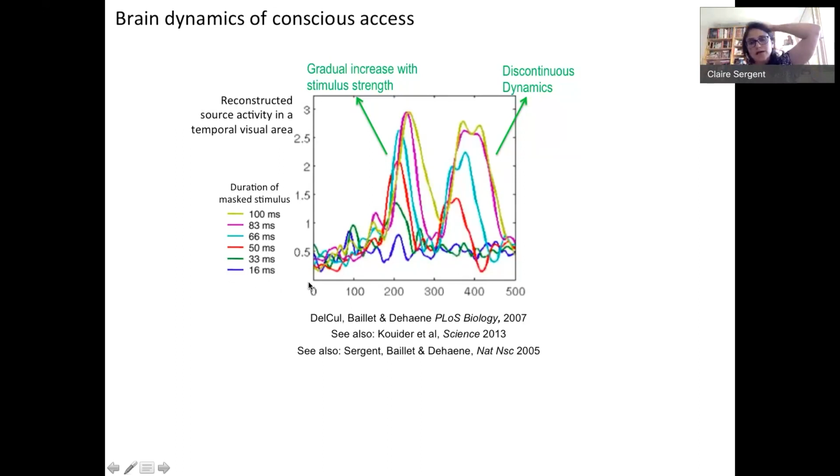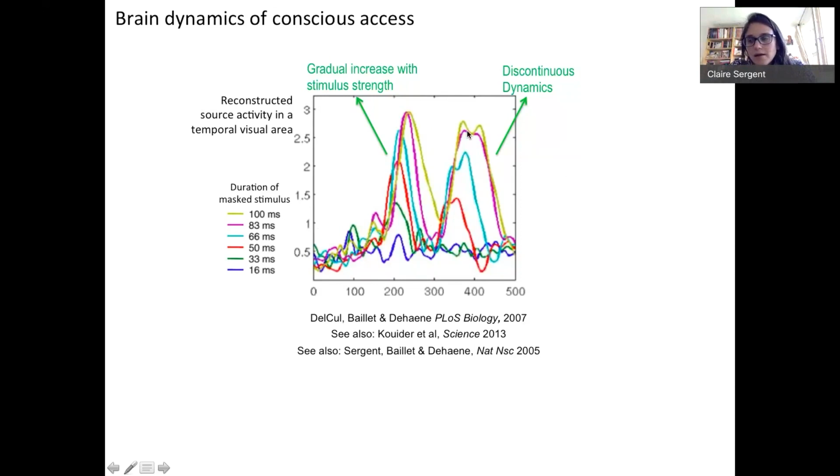And they observed something similar, which is that the initial sensory waveforms seem to follow the strength of the stimulus, while later activity seemed to show some aspects of all or none dynamics, meaning that stimuli that were below the consciousness threshold did not evoke this late activity, whereas stimuli that were above this threshold did evoke this activity.